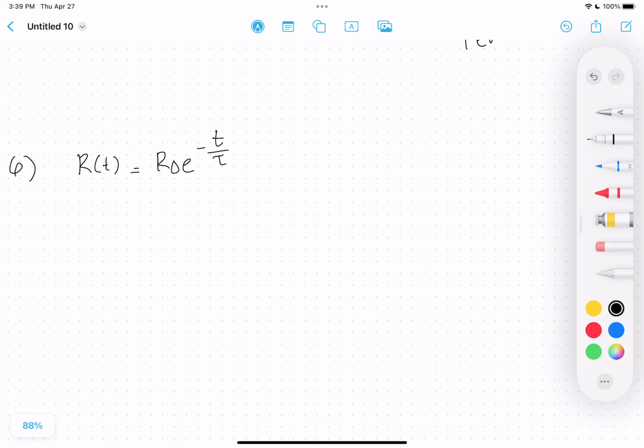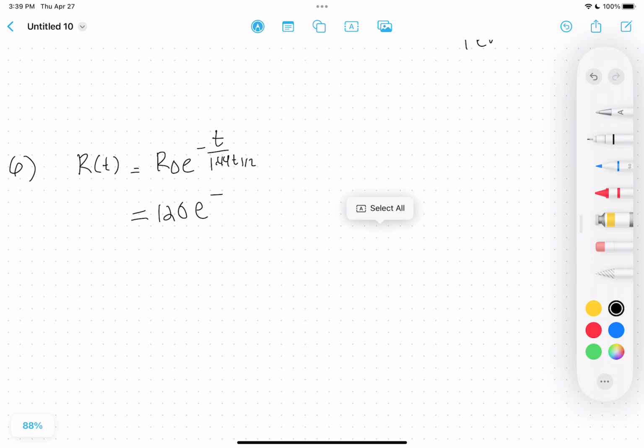Now, this time constant can be expanded and written out in a couple different ways. Usually it'll just be written out as 1.44 times the half-life. So our R0, our initial activity, is going to be 120. That's the initial decays per second, because that's where the graph starts. So that's 120 times e raised to the negative elapsed time. This elapsed time was what they showed from 120 to 15.